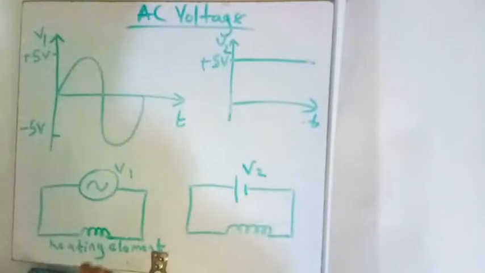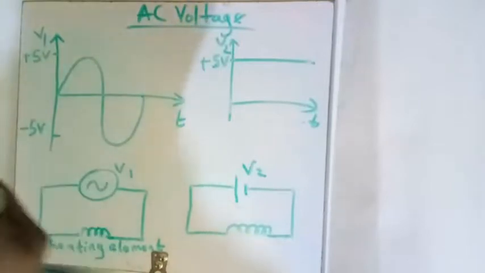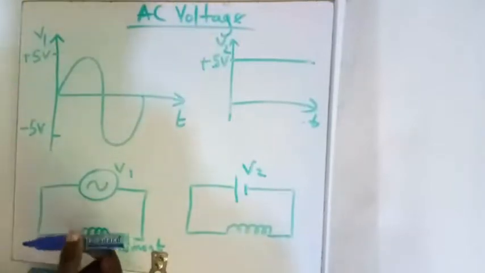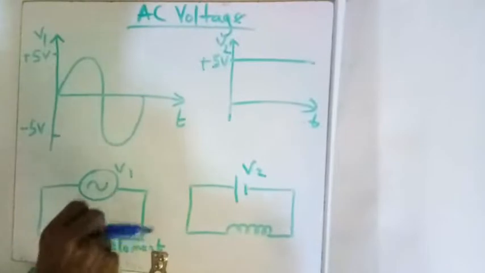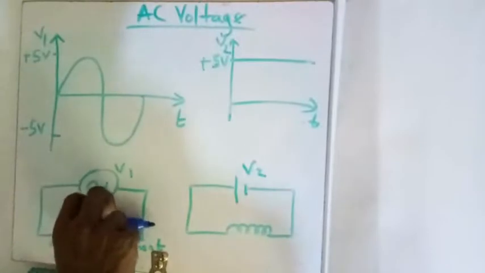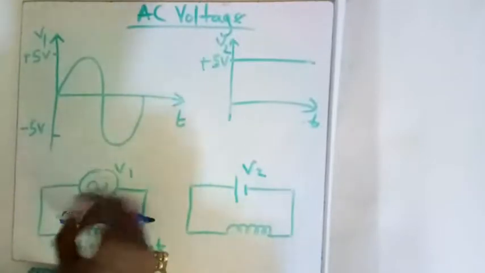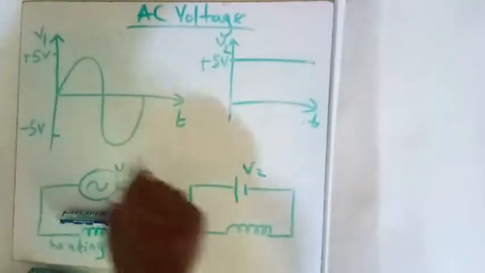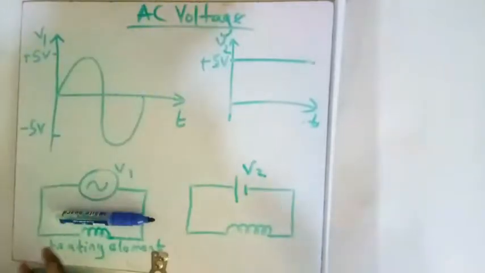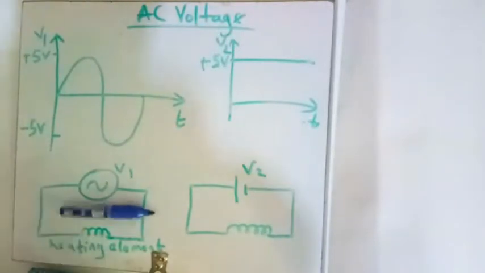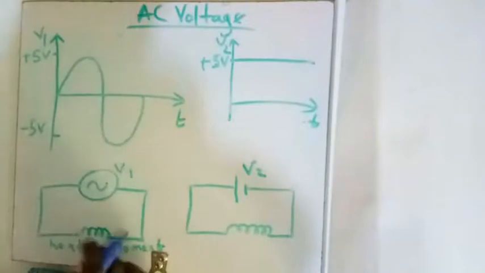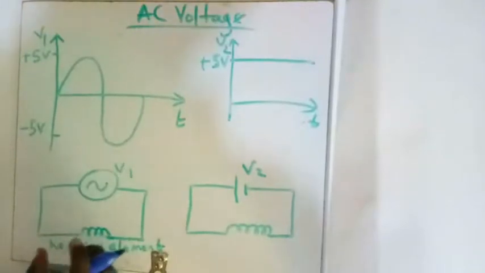If it's not too hot for you to touch, or if you connect a thermometer to your heating element, you realize that the temperature is pretty constant, although the voltage is fluctuating and the current flowing through the heating element is also fluctuating, going in two directions, forward and back, forward and back. The temperature is pretty much constant at a constant level.